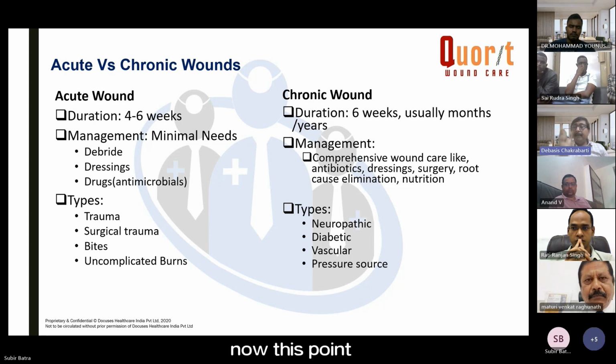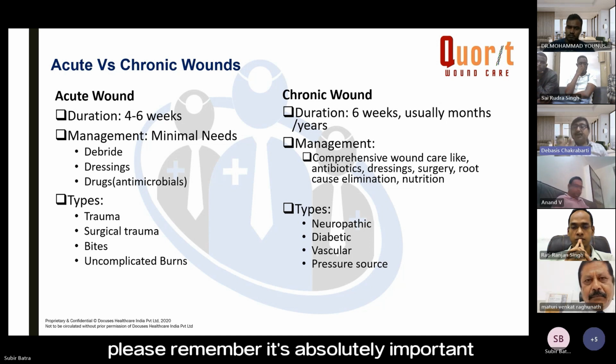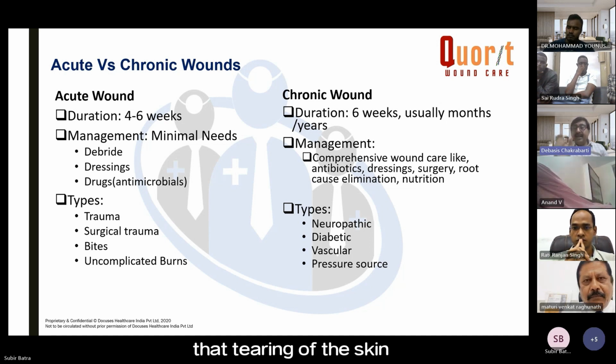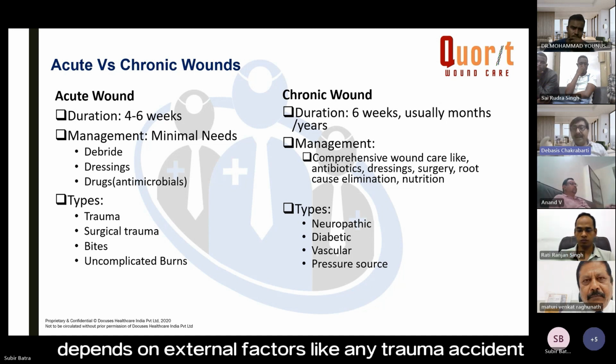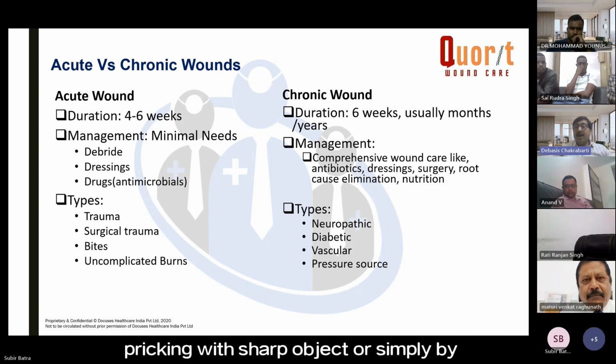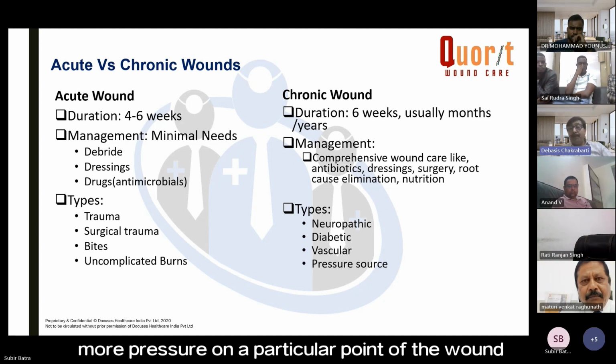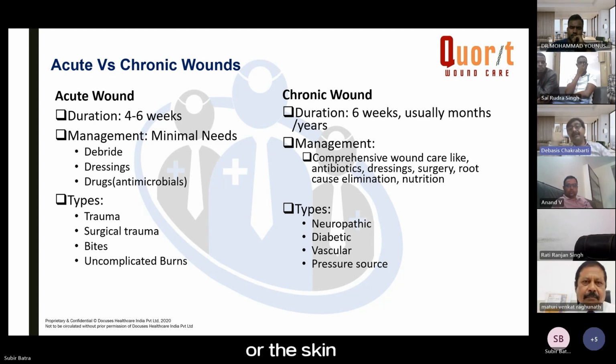Now, this point, please remember, it's absolutely important. The tearing of the skin depends on external factors like any trauma, accident, pricking with a sharp object, or simply by more pressure on a particular point on the skin.